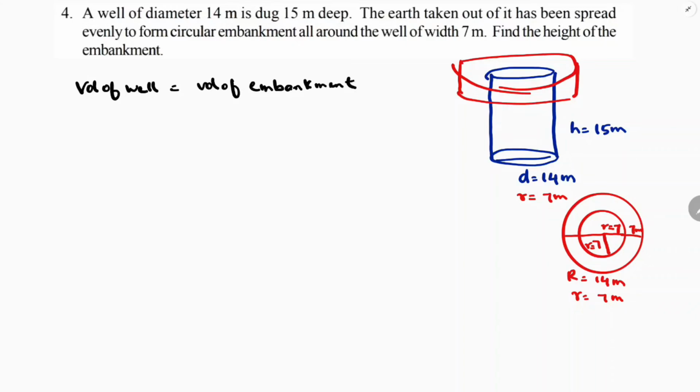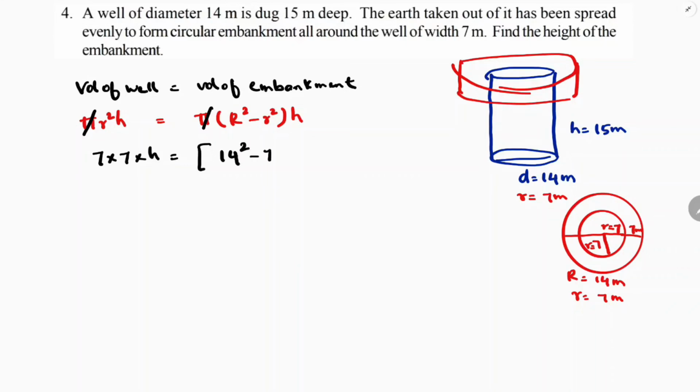So, volume of well formula is pi r square h. Embankment is pi into capital R square minus small r square into h. So now here if I substitute the values, pi and pi cancel. So small r for well, radius is 7 into 7 into h. For embankment which is in the shape of a ring, capital R is 14 minus 7 square into h, which I need to find.